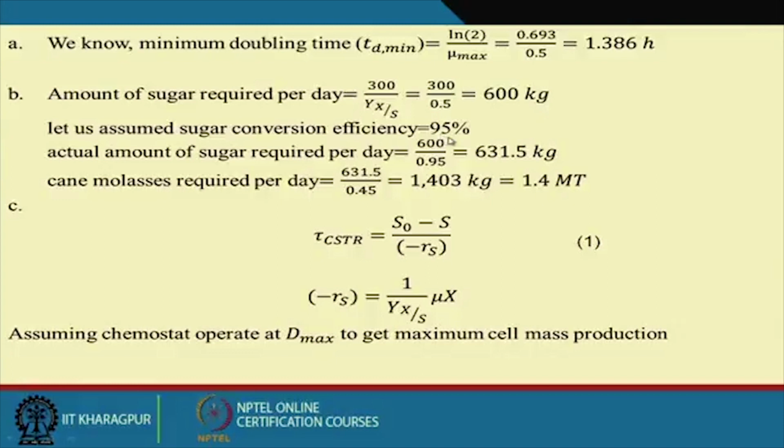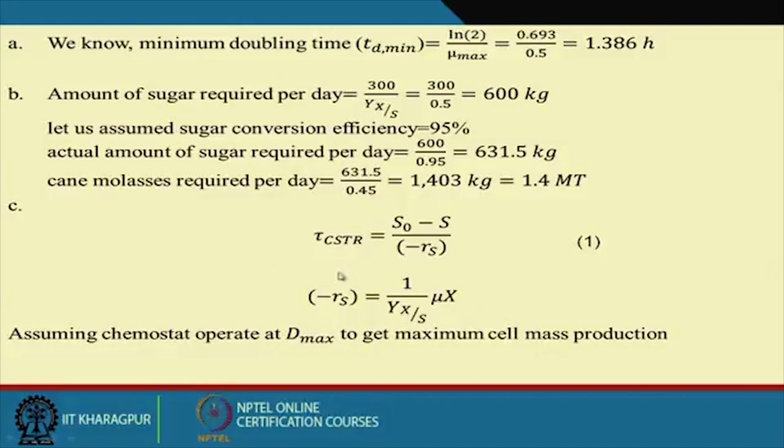If I assume 95% conversion efficiency, the actual amount of sugar required is 631.5 kg, and since molasses contains 45% sugar, if you divide by 0.45, you will get 1.4 metric ton of cane molasses required.